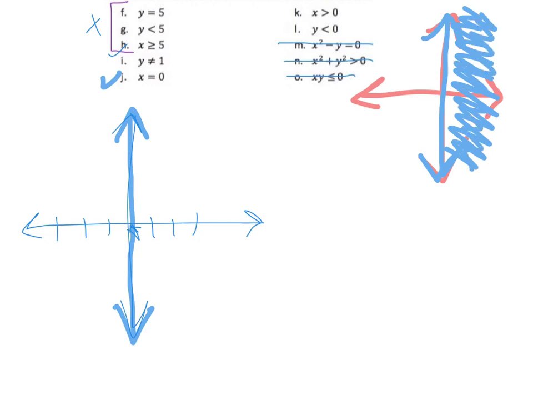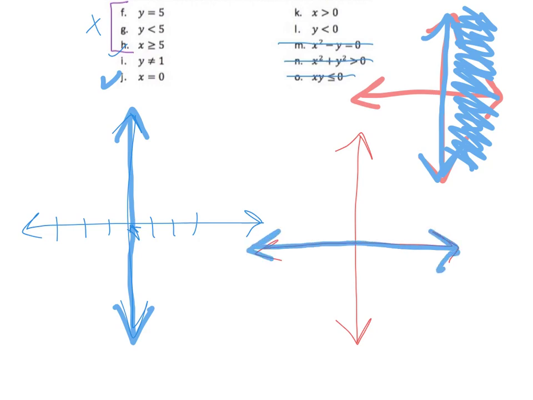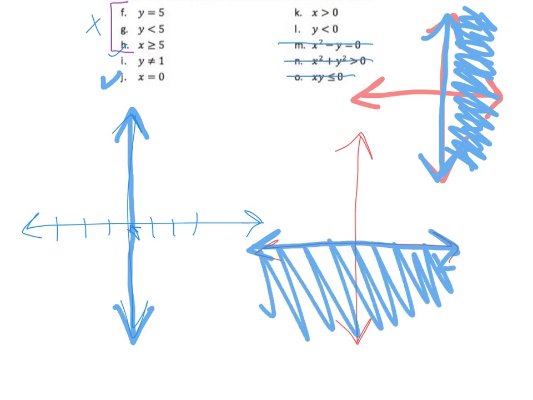And then y is less than 0. First I need the line y is equal to 0, which is the x-axis. That's the line y equals 0. And then I shade everything smaller. There we go.